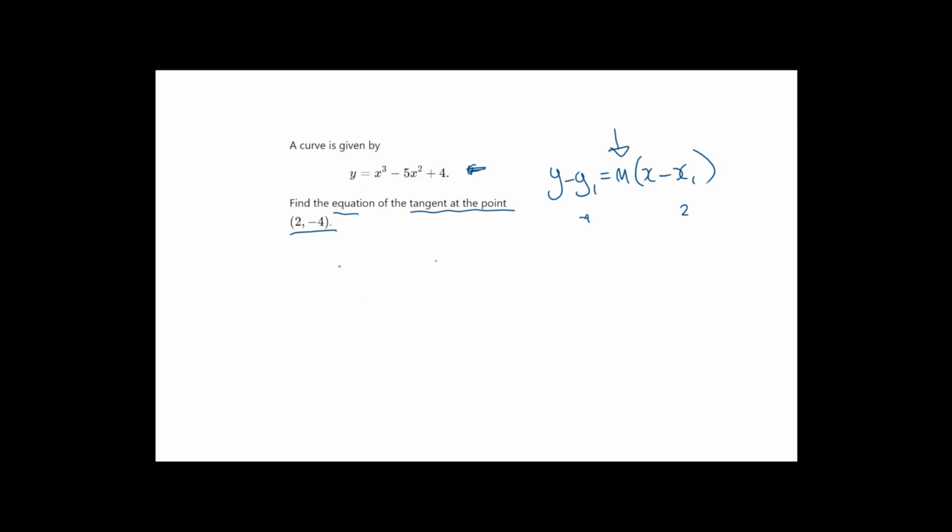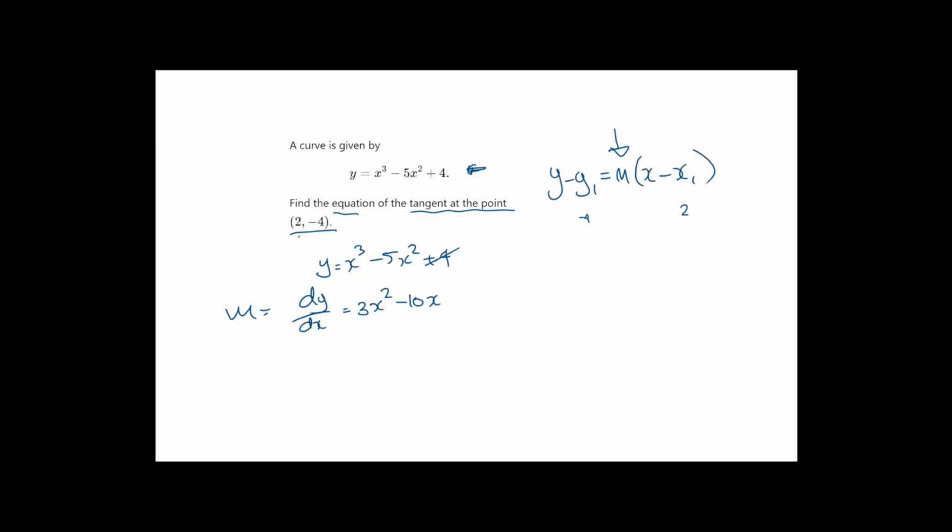So we need to differentiate this. So if y is x cubed minus 5x squared plus 4, dy/dx, which is m, is going to be 3 times 1 is 3x, and 3 loses 1 becomes 2, minus 2 times 5 is minus 10, x to the power of 1, and the 4 will disappear, it will become 0.